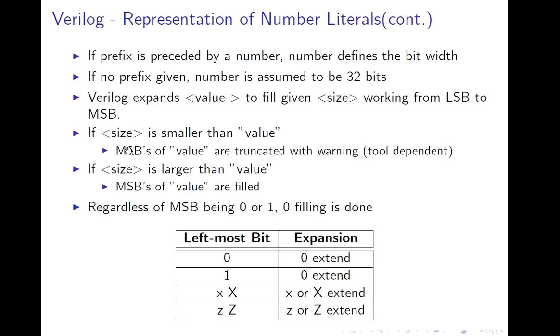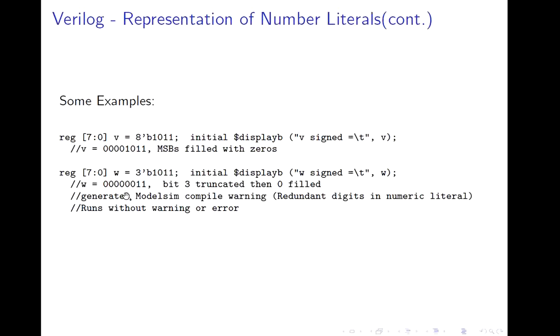Like I was telling, if a prefix is preceded by a number, then the number defines the bit width. We'll see with the help of an example. For the time being, don't worry much about what reg is. I'll just tell you what a reg indicates.